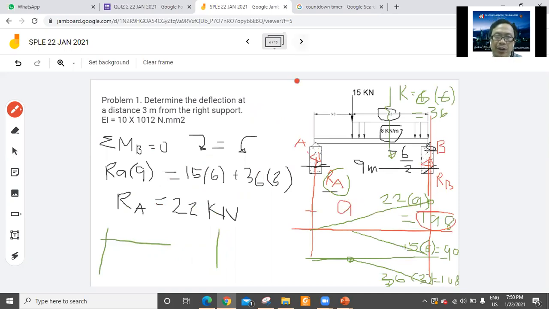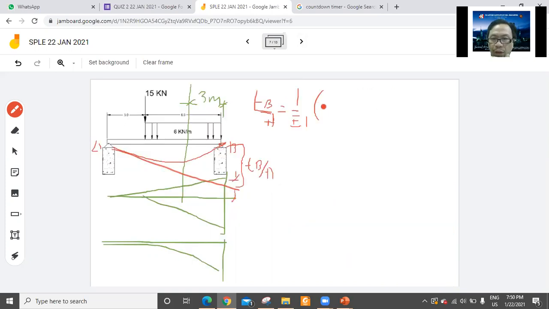So you have here 1/2 times 198 times 9. The centroid coming from B here is just 9 over 3, so times 3.